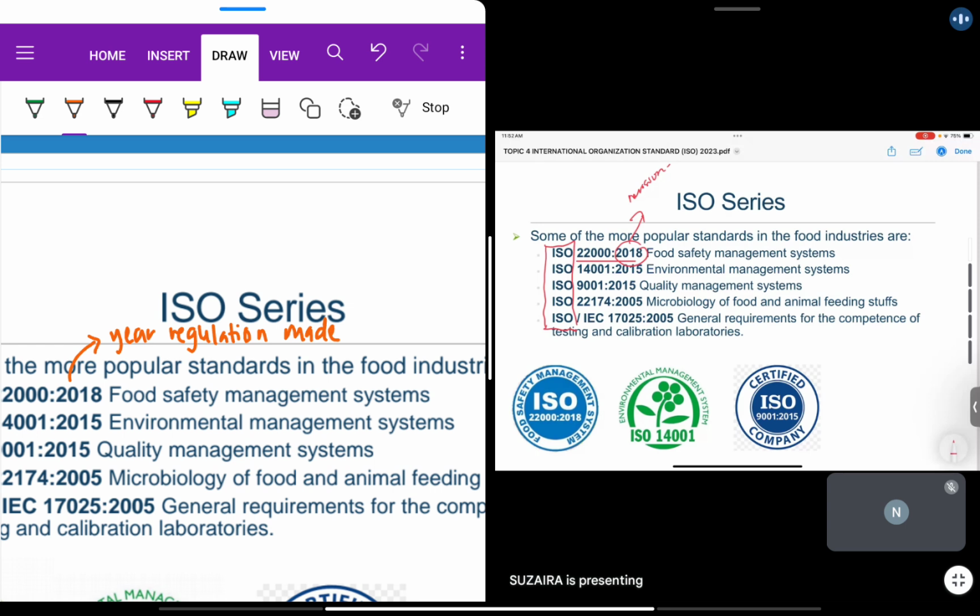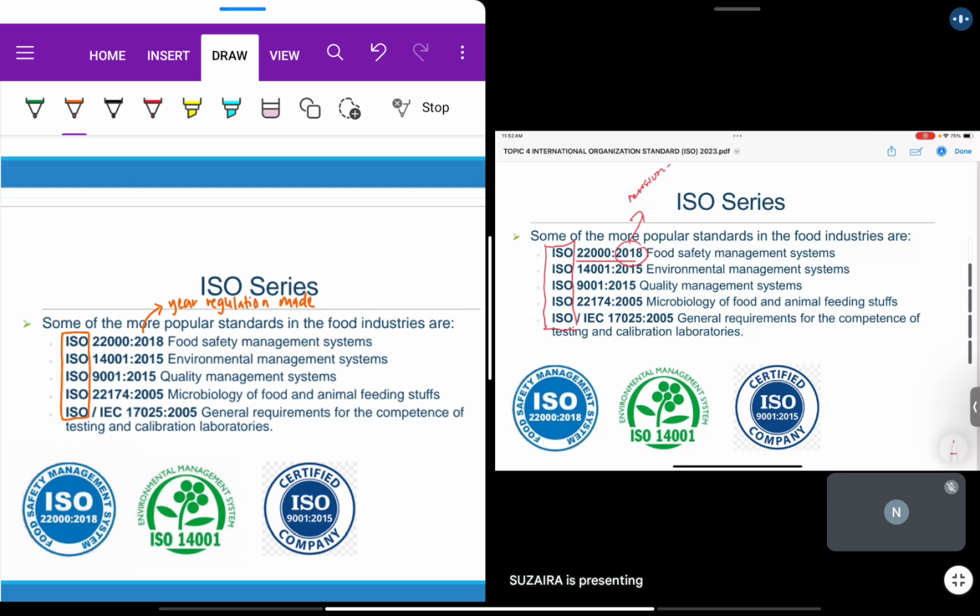Okay, some series that are popular, the most popular standards in the food industry. Whenever we talk about the food industry, the first one is ISO 22000, and then you have 14000, which is referring to environmental management system. And then you also have 9001, 2015.